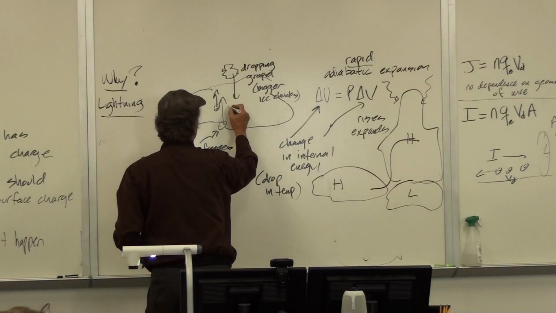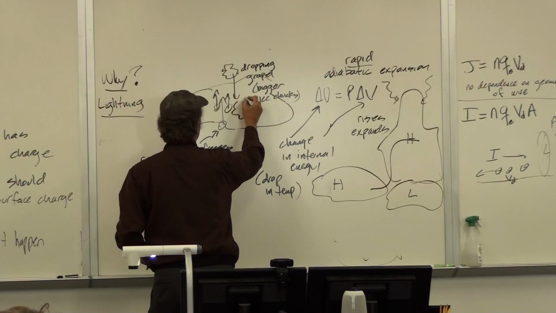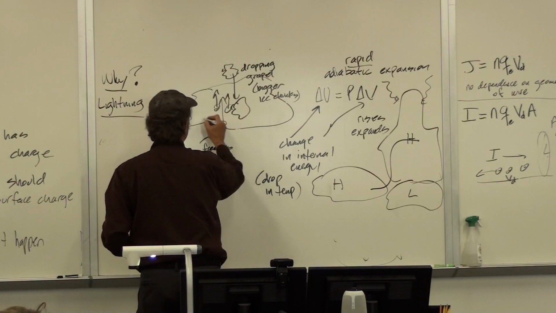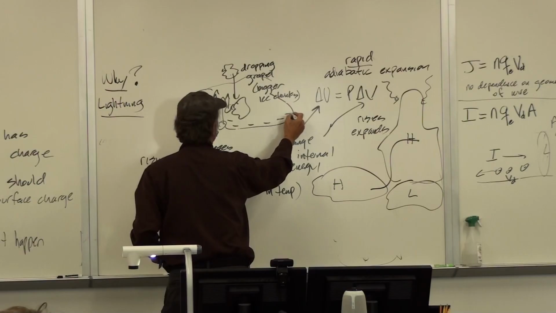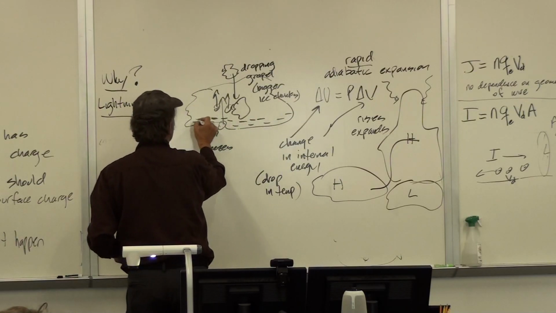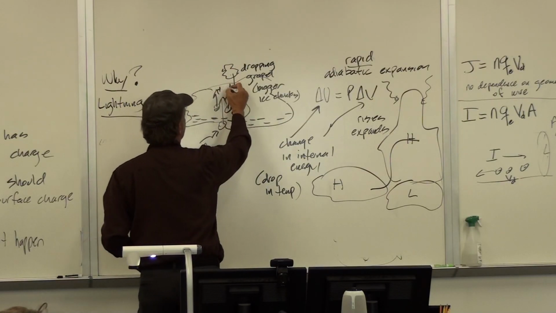And as they collide with each other, going up and going down, what this tends to do is create a charge separation between the bottom of the cloud and the top of the cloud.